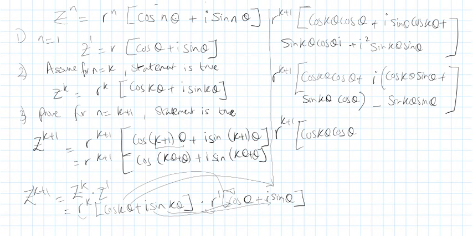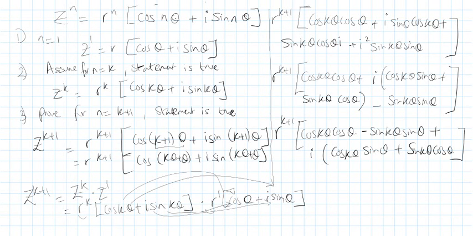So it's cos kθ cos θ minus sin kθ sin θ, plus the term with the i, which is i (cos kθ sin θ plus sin kθ cos θ).